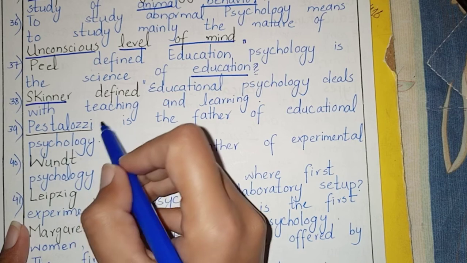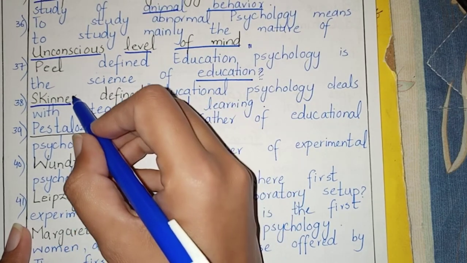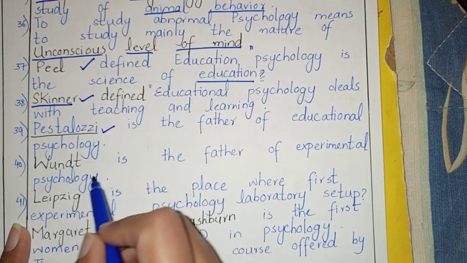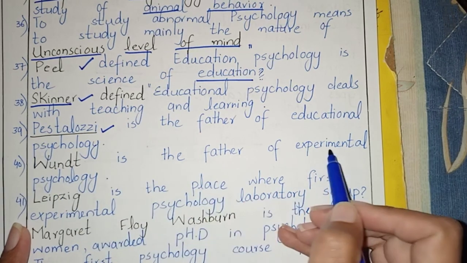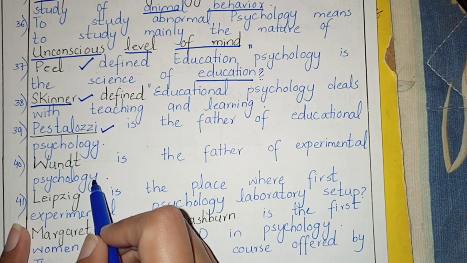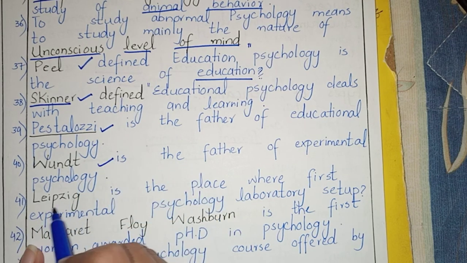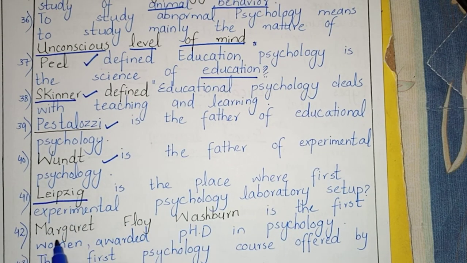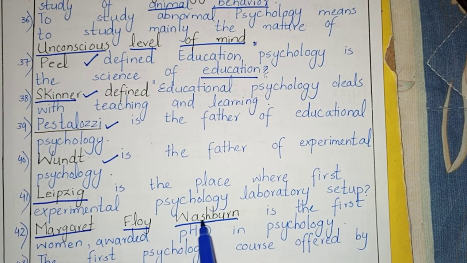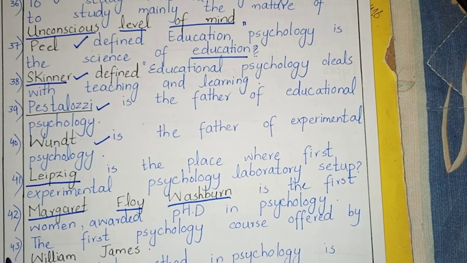Question number 40. You have to learn all these MCQs. Question number 41. Wundt is the father of experimental psychology. Leipzig is the place where the first experimental psychology laboratory was set up. Question number 42. Margaret Floy Washburn, she was the first woman who was awarded a PhD in psychology. Question number 43.